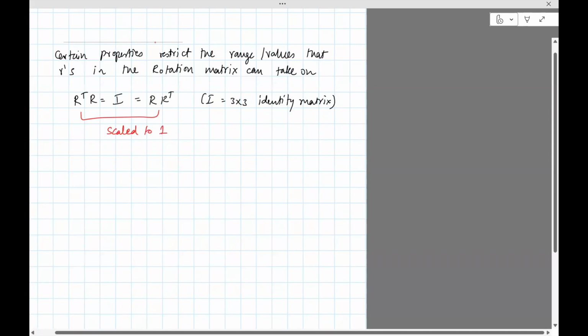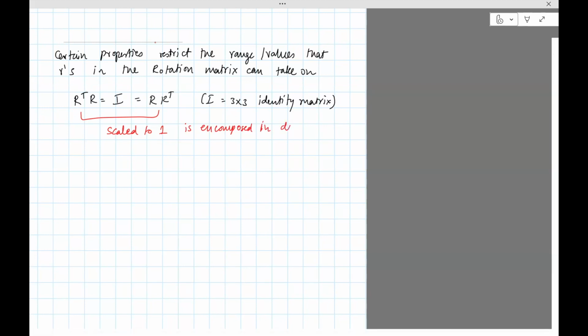That is, a rotation matrix when multiplied with a vector should not change the length of the vector. Okay, so that property that the scale is 1, that is the magnitude of R is 1, is encompassed in this. And this is actually encompassed in the diagonal elements.